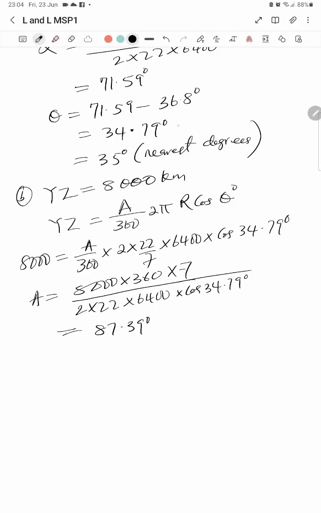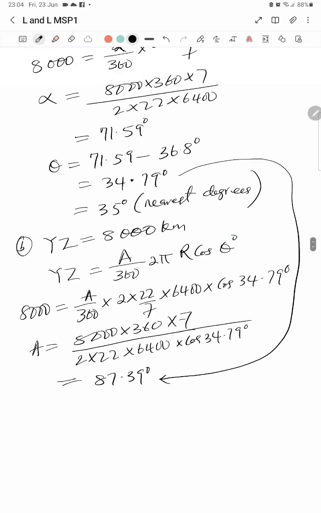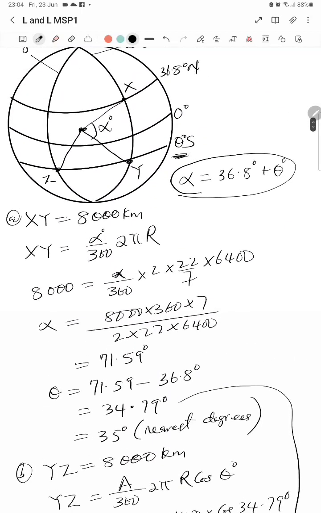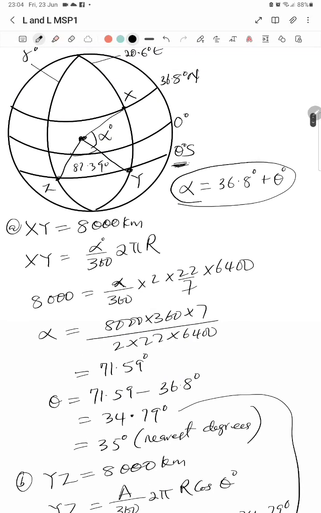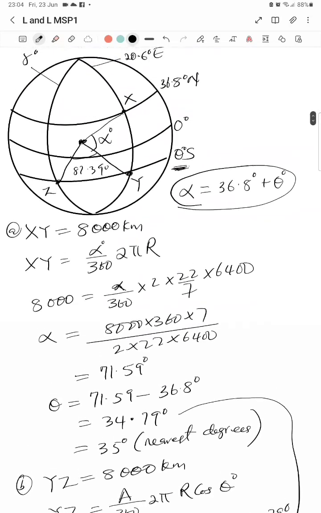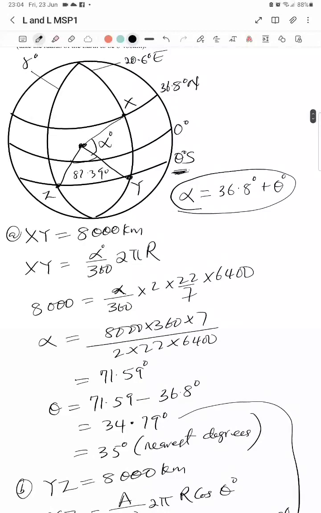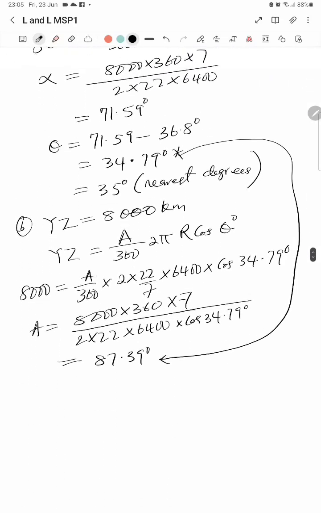Comparing to the diagram, the angular difference here is 87.39 degrees, and since it is greater than this, they are in different regions.